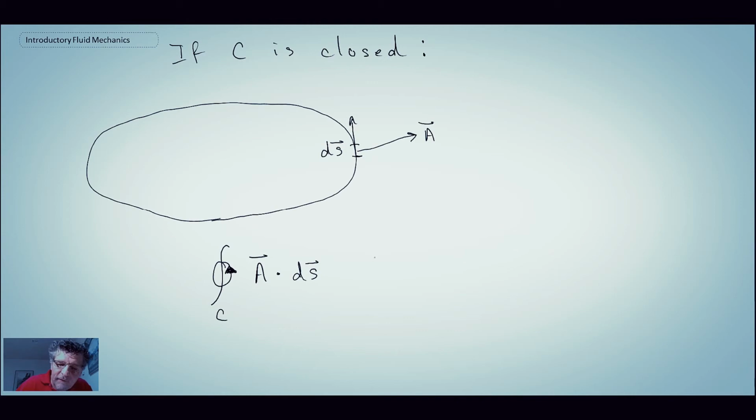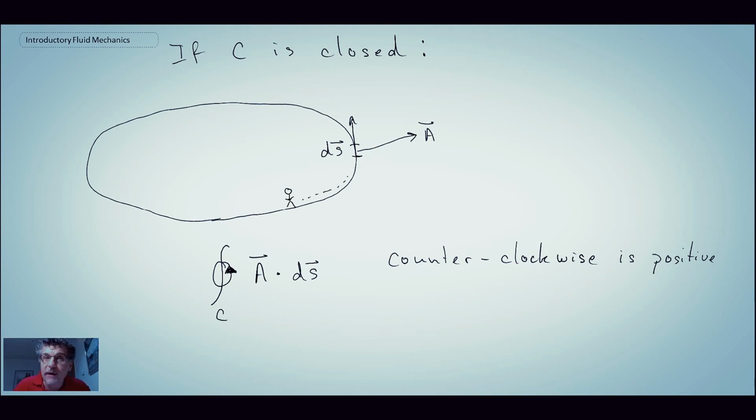And so by convention, quite often in fluid mechanics, what we will do is we say counterclockwise is positive. And if you have a hard time remembering that, imagine yourself walking around the curve. So here you are, you're walking along.